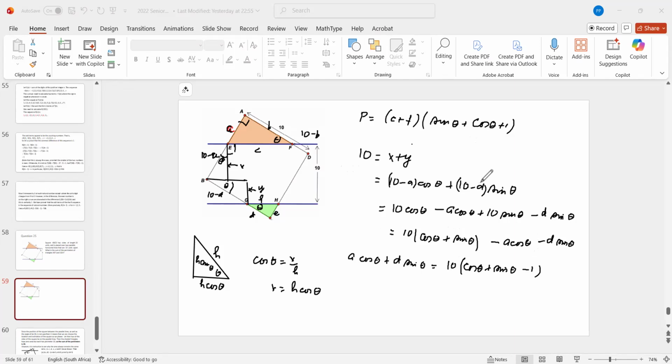So you see you've got this kind of a thing here. So I can make sine theta plus cos theta plus 1 the subject here.